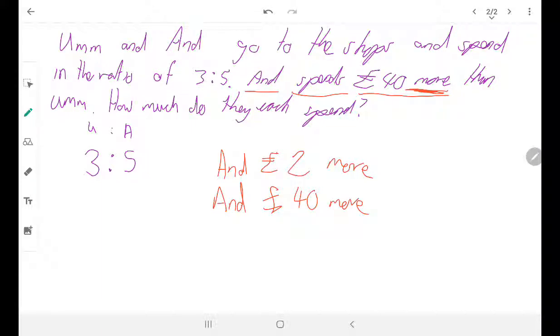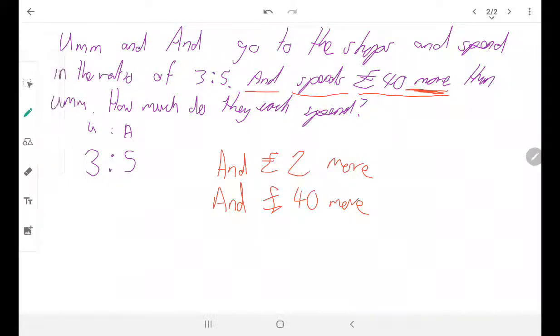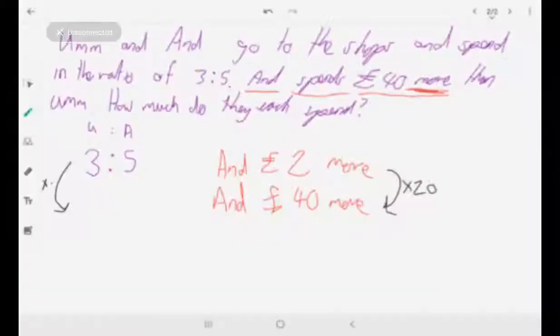Now how do I go from 2 to 40? Well, you can actually just do a division. 40 divided by 2 is 20. So to go from 2 to 40, I have to times by 20. And I'm going to do the same here, times 20.